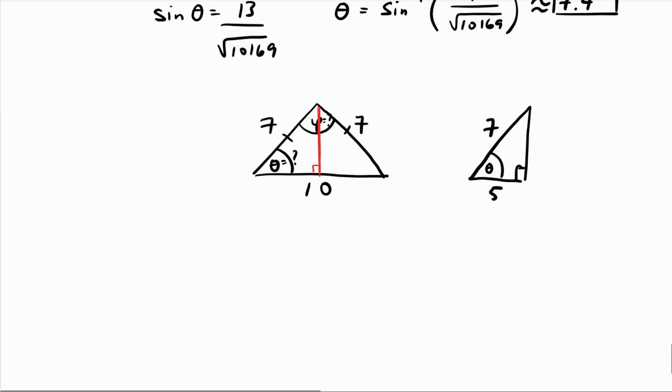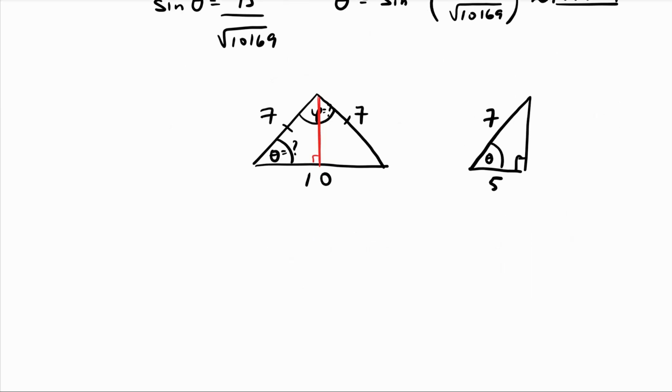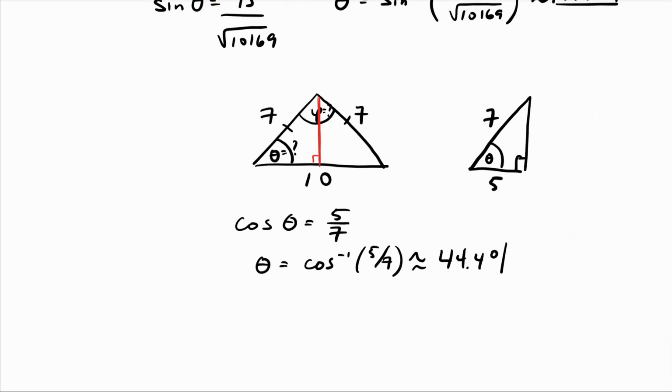Now 5 over 7 is adjacent over hypotenuse, so that's related to the cosine function. So the cos of theta is 5 over 7, which means that theta is the cos inverse of 5 over 7. Using our calculator, this gives us approximately 44.4 degrees for theta.